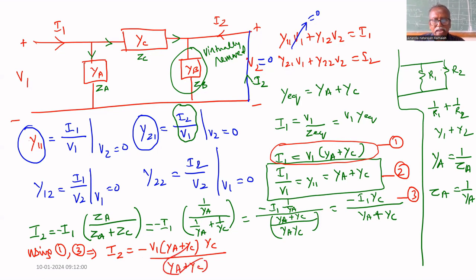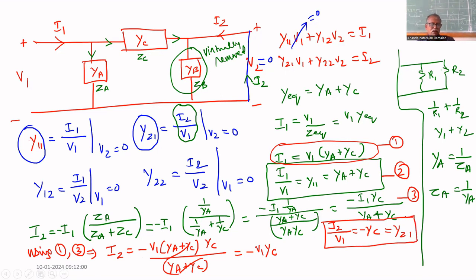YA plus YC getting cancelled. Therefore, I2 equal to minus V1 multiplied by YC, or I can say that I2 divided by V1 equal to minus YC. That is equal to Y21. So we got the second parameter also.